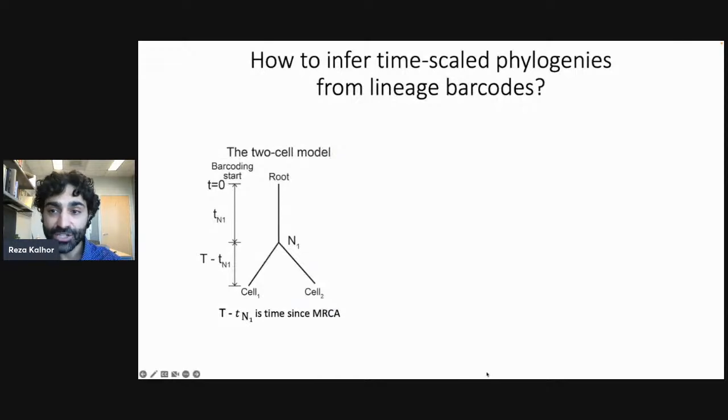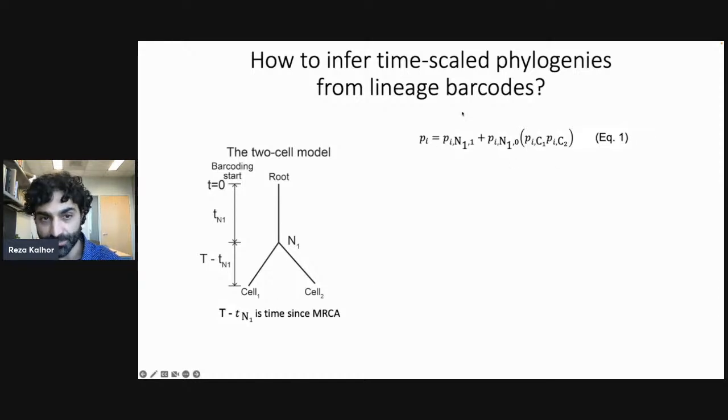To infer phylogenies, we took advantage of the unique aspects of cellular phylogenetics and lineage barcoding that I told you about earlier. When you consider two cells with their observed mutant alleles for a particular barcoding site, the probability of observing those alleles can be expressed as a sum of two terms.